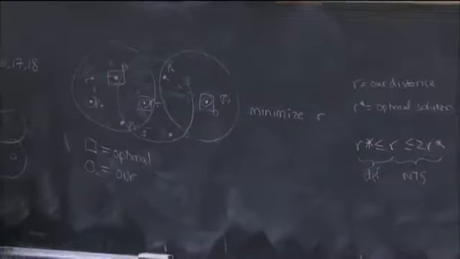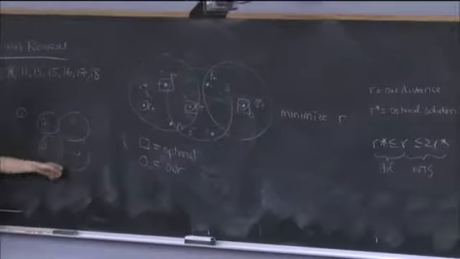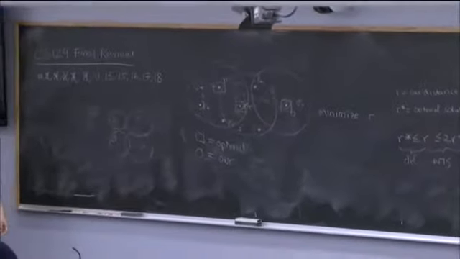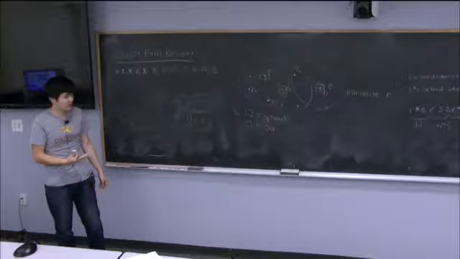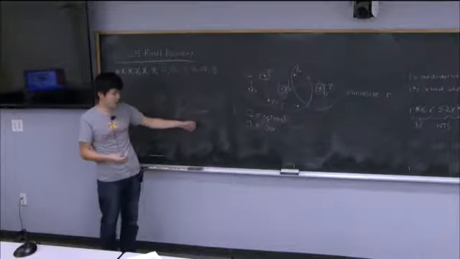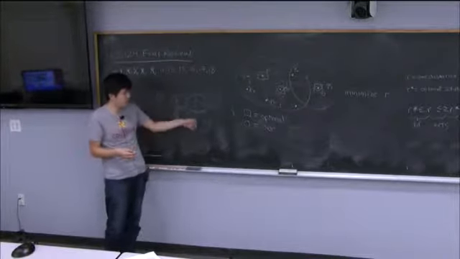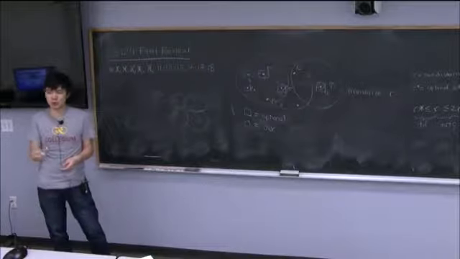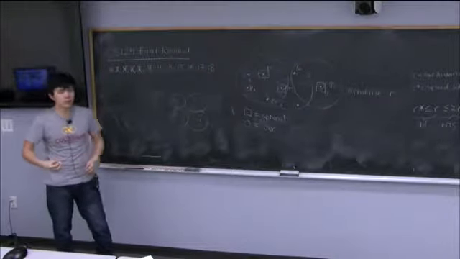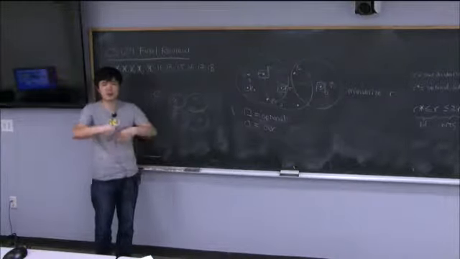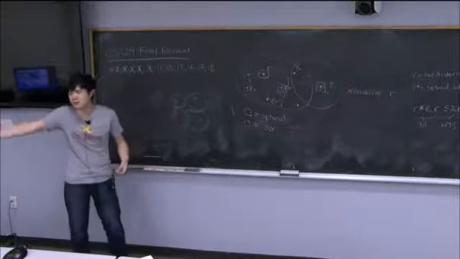So any person can get to one of my hospitals in at most 2 r star distance by going to their closest optimal hospital, which costs r star at most, and then going from there to my hospital.